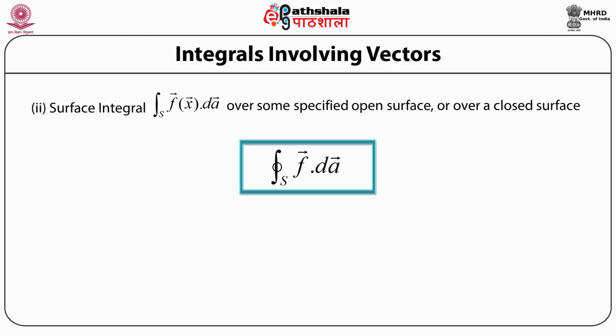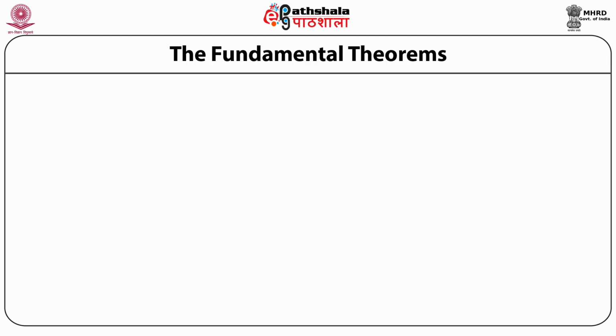If the surface is closed, we represent it by the closed surface integral of f dot dA. Similarly, we can define the volume integral over some volume V of phi as a function of x, d cube x, where phi is some scalar field and d cube x denotes the volume element of this volume V.